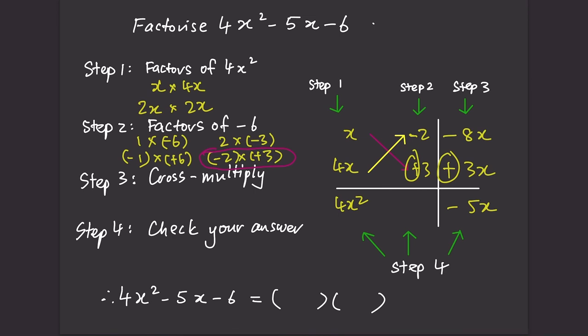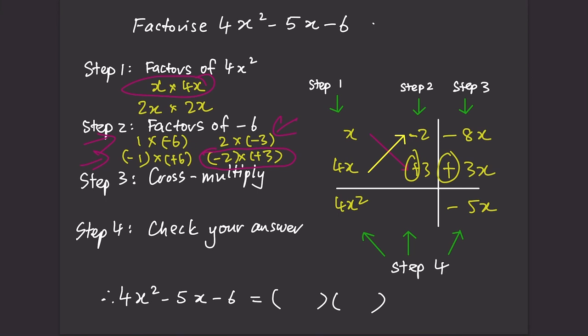So if you had gone on with the process of trial and error, you might have gone on with this and this and this and this before you reach here. So what I'm trying to do here is to show you a more strategic way of finding the exact pair of linear factors instead of having to do the cumbersome and very long-winded trial and error method.